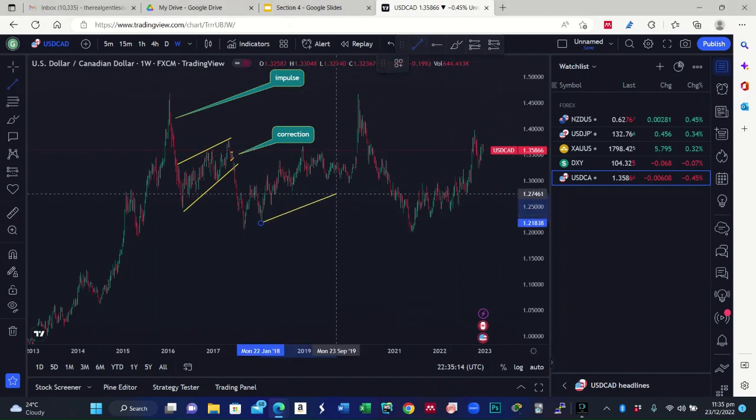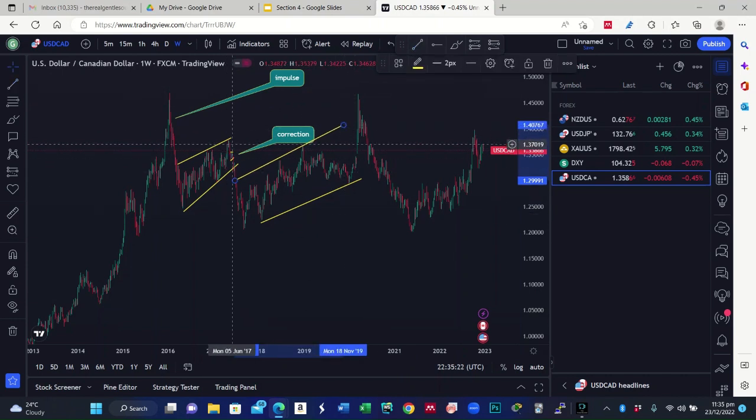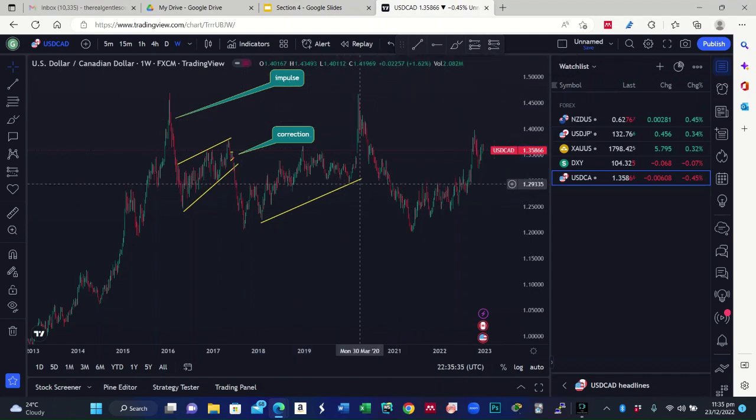You can call this another correction. Yes, this is another correction. Impulse, correction, then another impulse downward. So that is the state of the market. That is how the market moves. It is either in the state of impulse or in the state of correction.